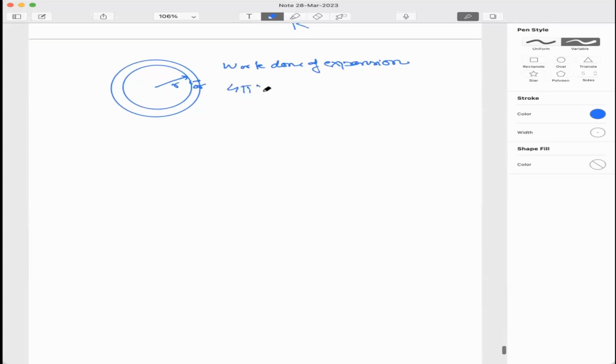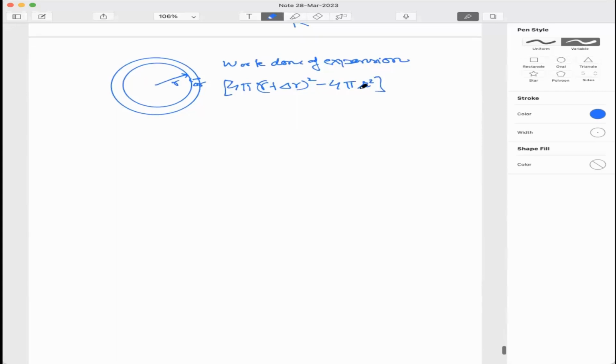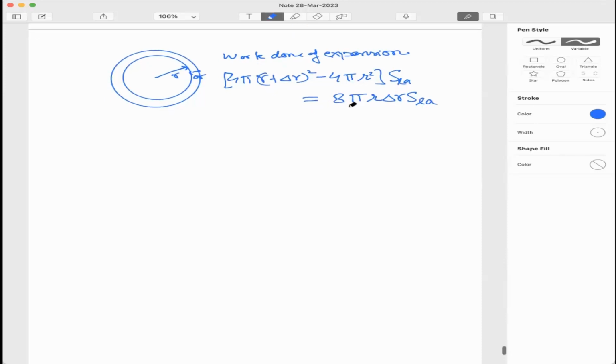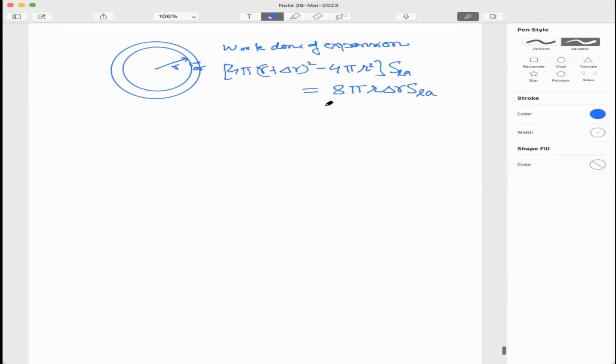4 pi (r plus delta r) square minus 4 pi r square, into the liquid-air surface tension, because it is the surface area we are looking at. This equals 8 pi r delta r into the liquid-air surface tension.